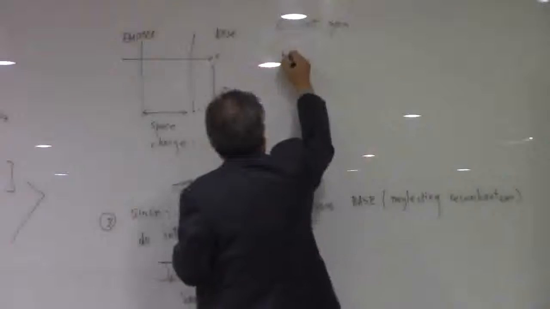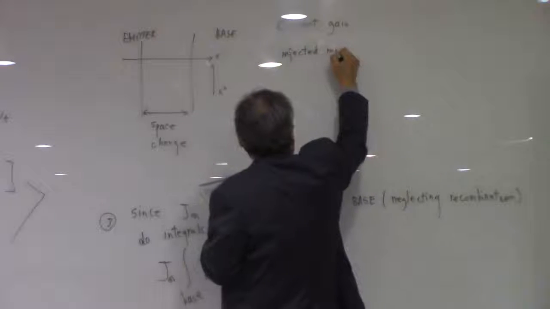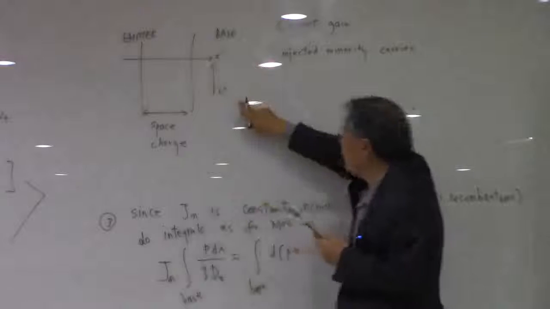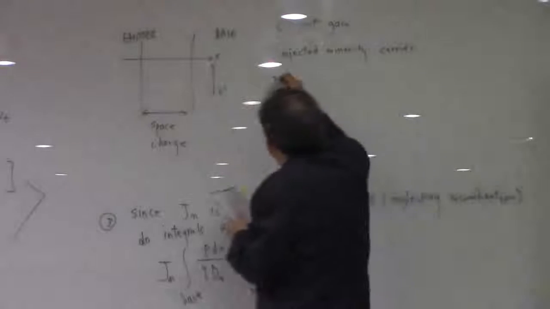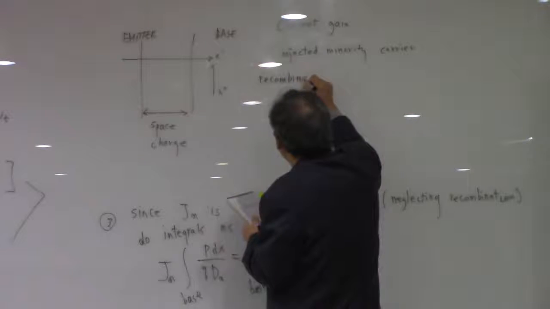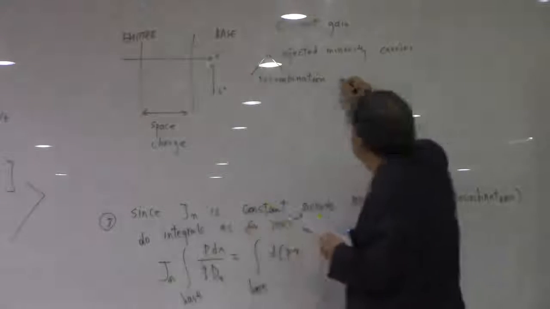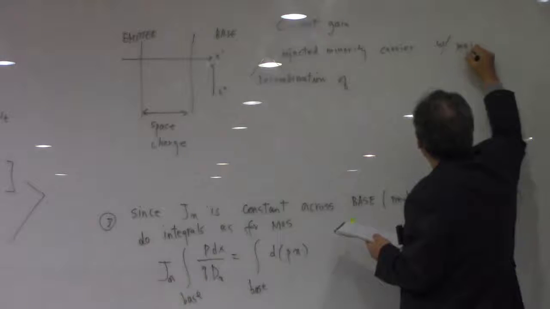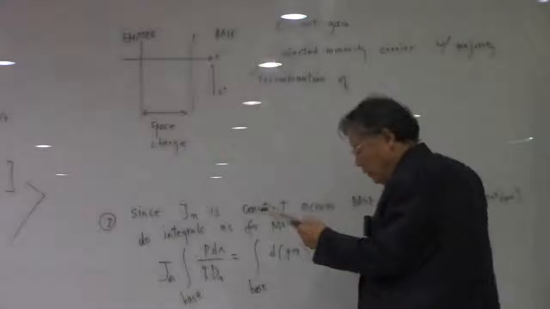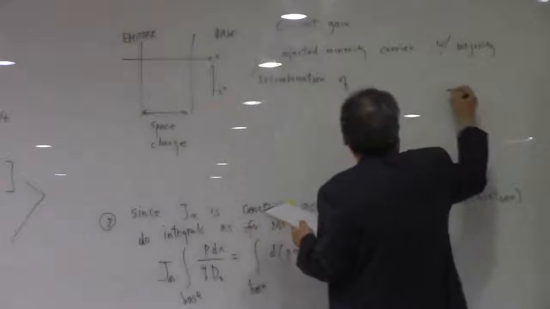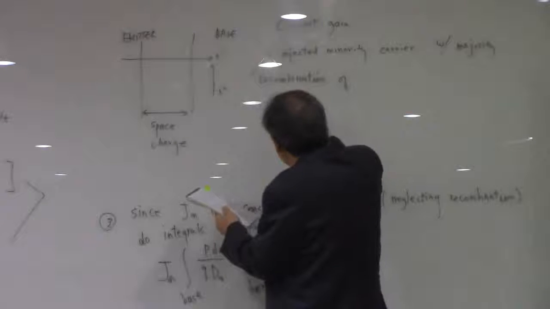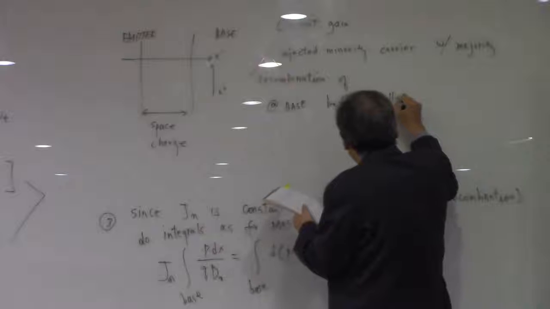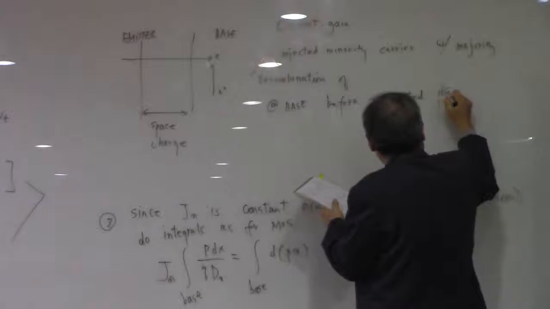Okay, so injected minority carriers, in this case the electron is a minority carrier in the base, and the recombination of injected minority carriers with majority carriers, which is a hole in the base, before being collected at the collector.